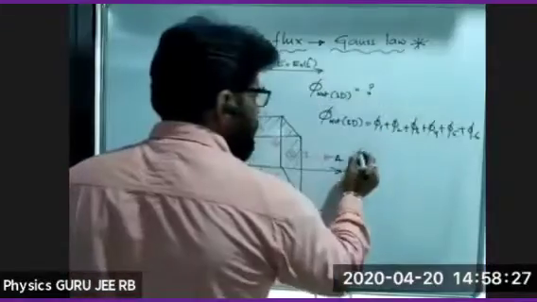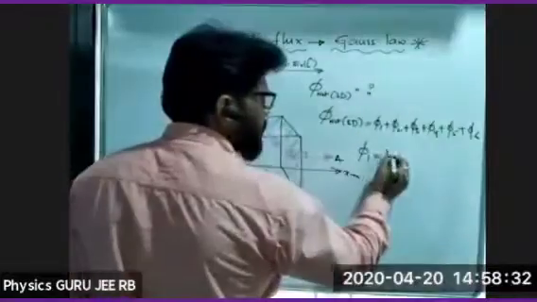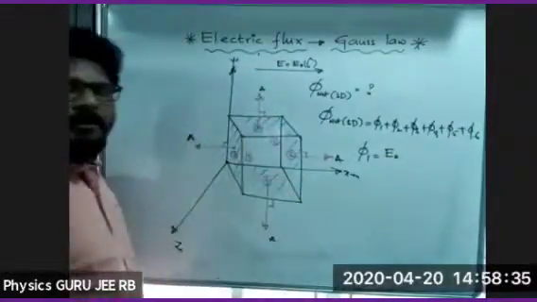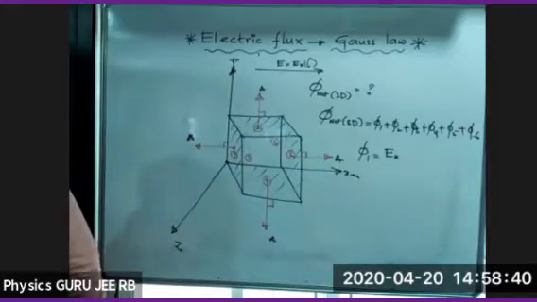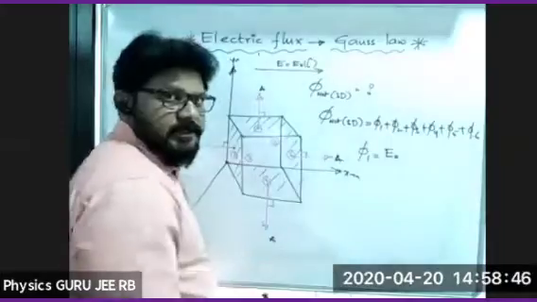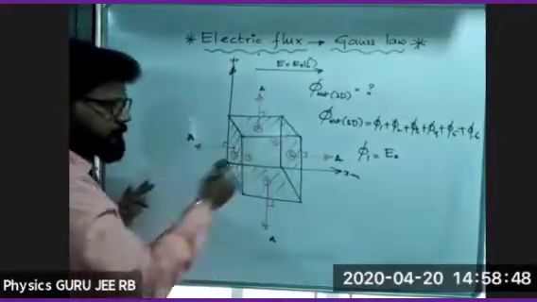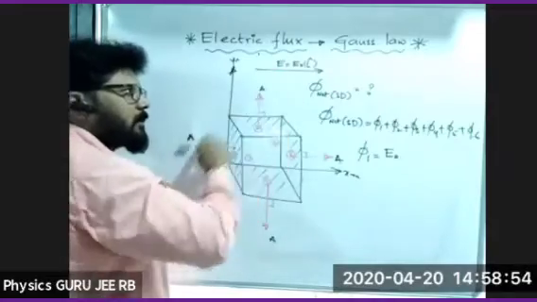First phi 1, we'll go with phi 1. Phi 1 is equal to E, which is fixed: E is nothing but E naught i cap. There is no problem in keeping the i cap; it is giving the X direction. Okay. Next, A is nothing but the area for the first surface.